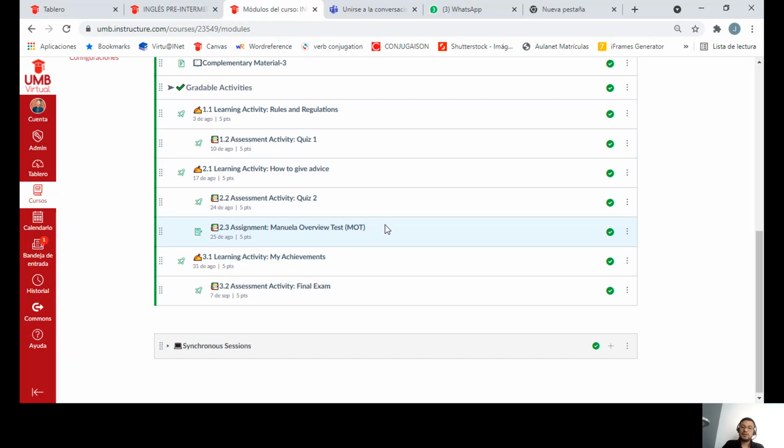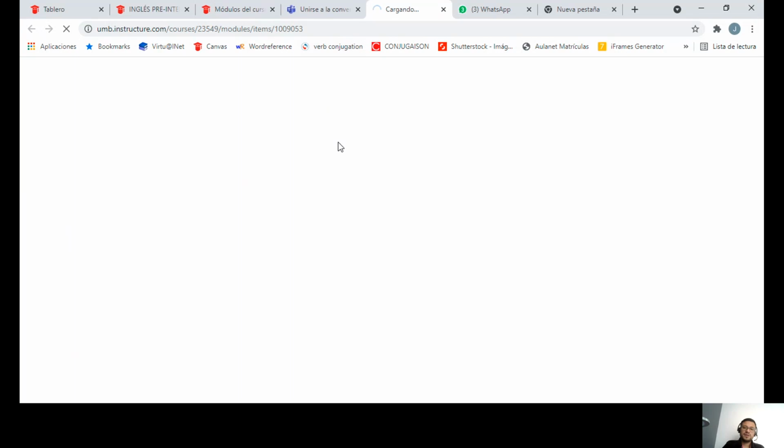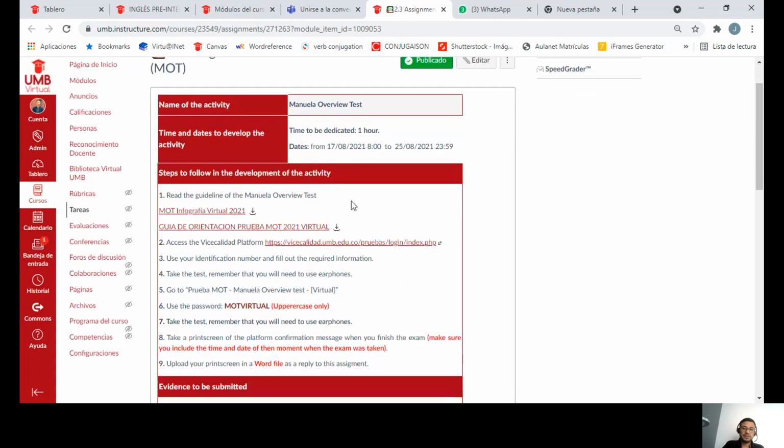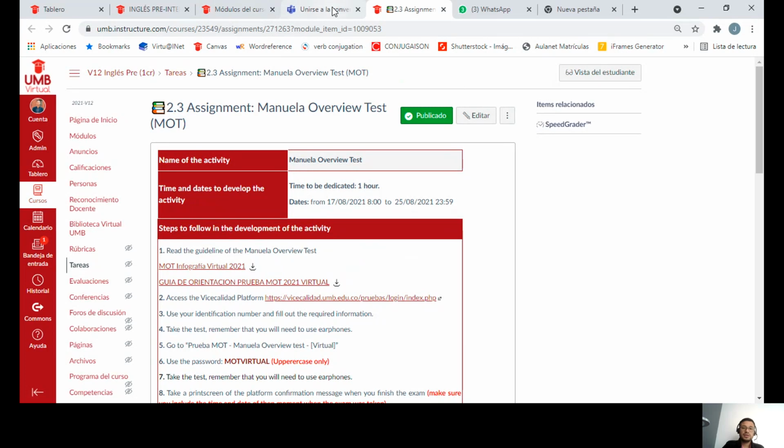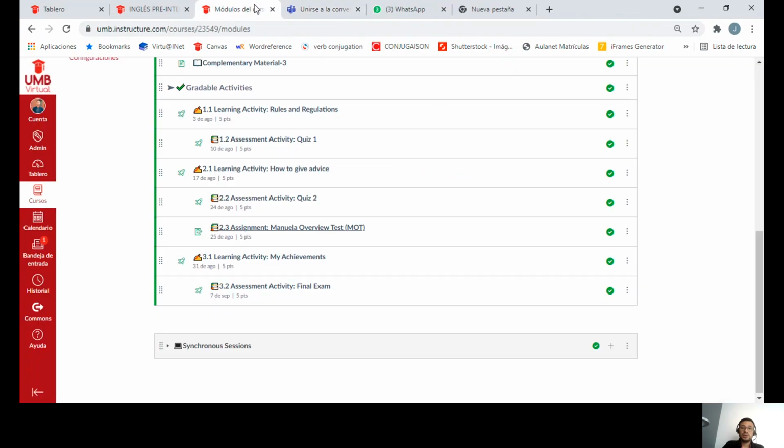You present it in the middle of the second and the third group of activities. You will need to present it only during those deadlines. ¿Listo? Ahí nos dice las fechas en las que lo vamos a estar presentando, solamente dentro de esas fechas. ¿Listo? Si hay alguna modificación o algo, yo se los hago saber a través de algún canal.